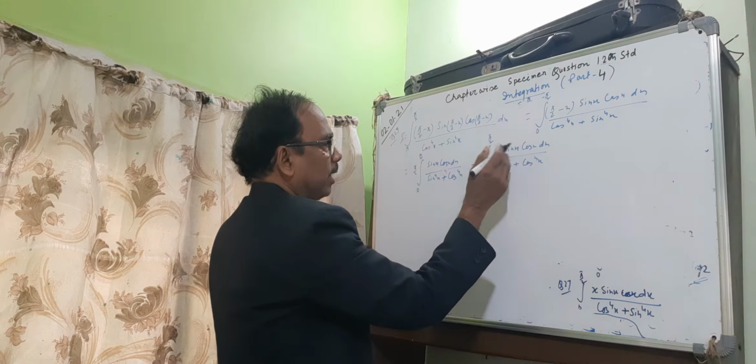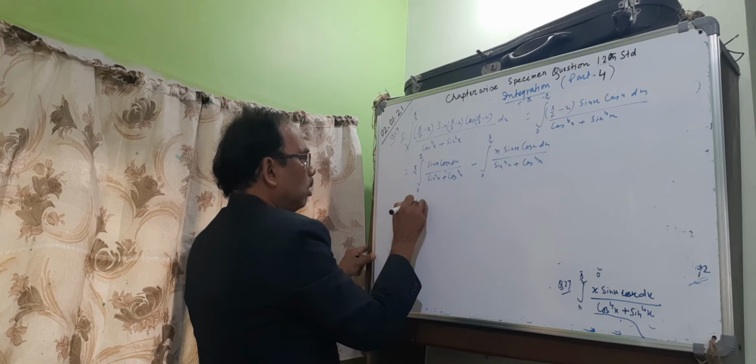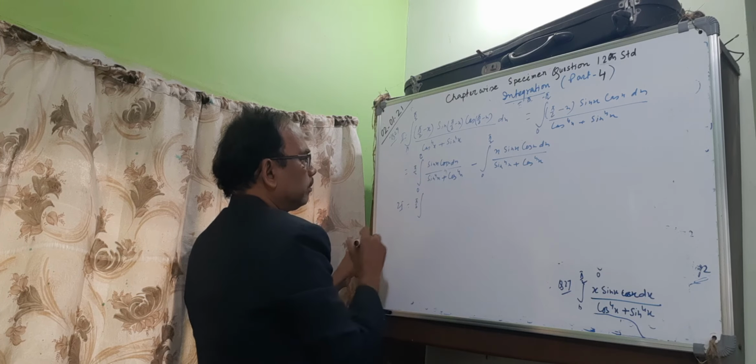This I comes to the left-hand side, so 2I equals pi by 2.